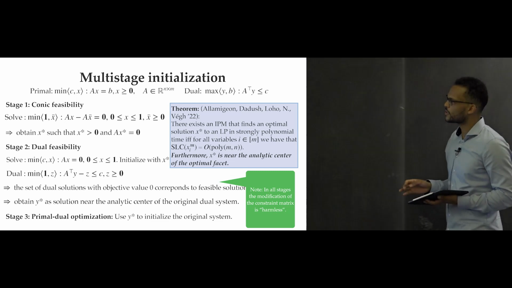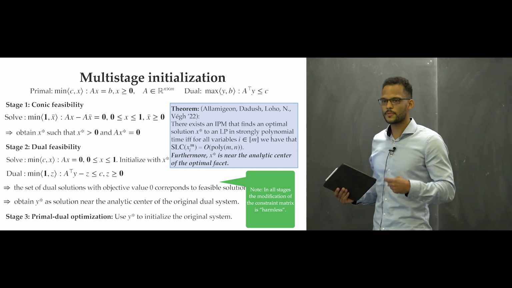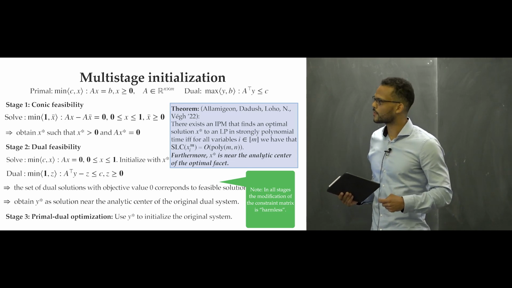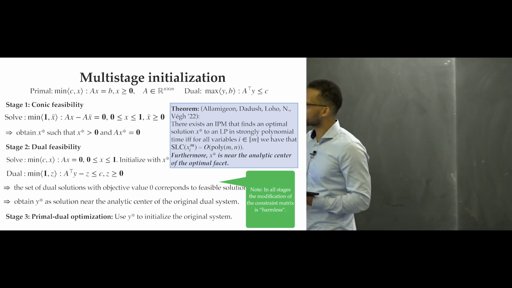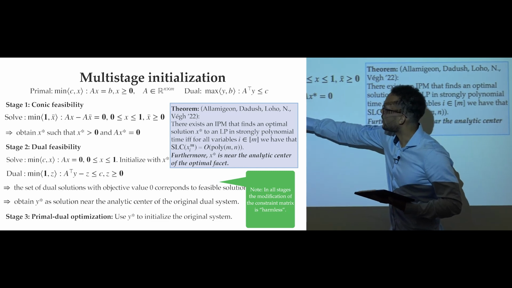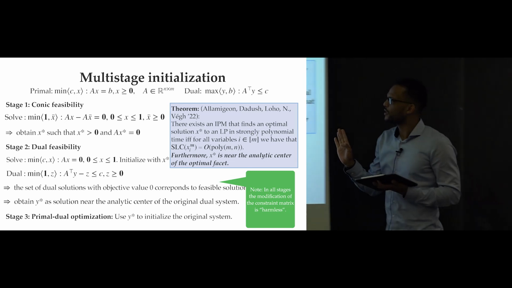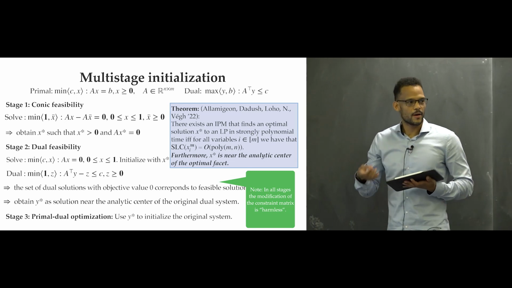And it turns out that you can use this solution to solve the dual feasibility problem because of the following. You found the solution X star to this system here. And now I just replace my all ones vector with the true objective C that I cared about initially.